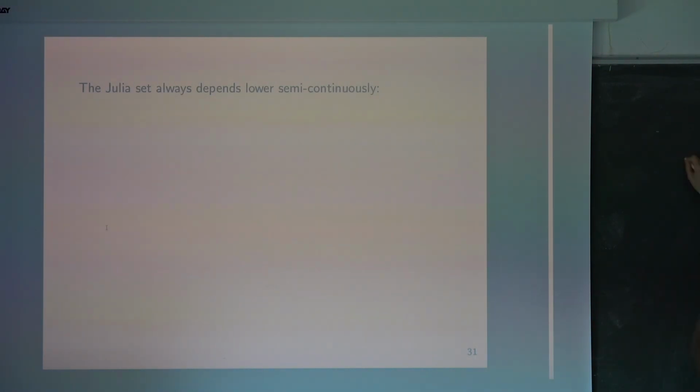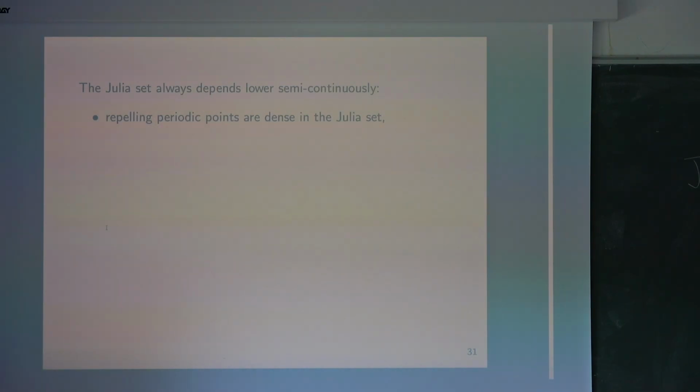So the Julia set, J, which is the boundary of the filled Julia set. There is a first thing that was proved by Fatou and Julia, that the repelling periodic points are dense in the Julia set.